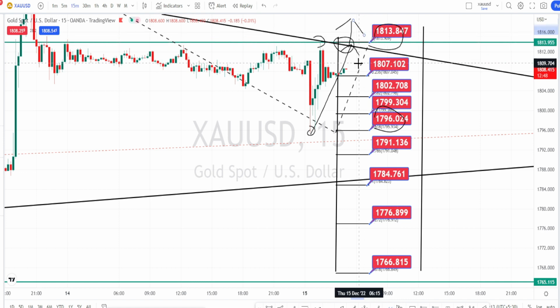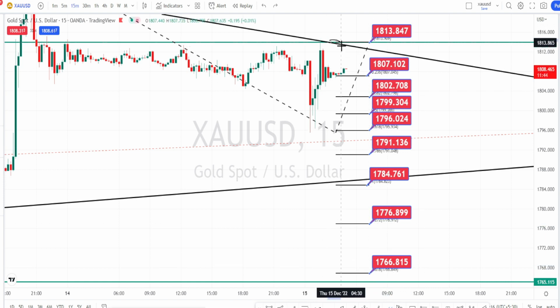And if the price action fails to break this resistance level of 1813, we can expect the bearish side retracement to start. The immediate support is going to be around 1807, 1802, 1799, 1796, 1791, 1784, 1776 and 1766.